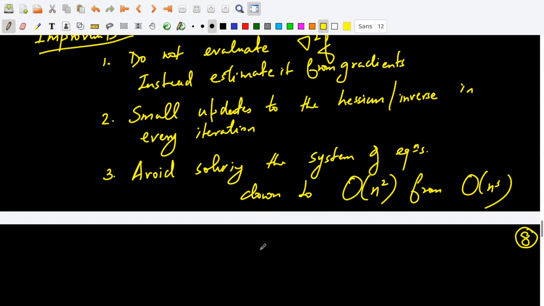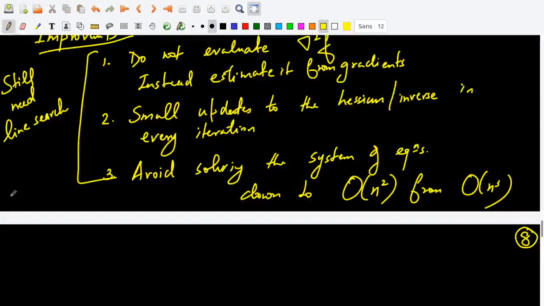We still have to do line search. So we can rely on the methods of line search from the previous chapter.